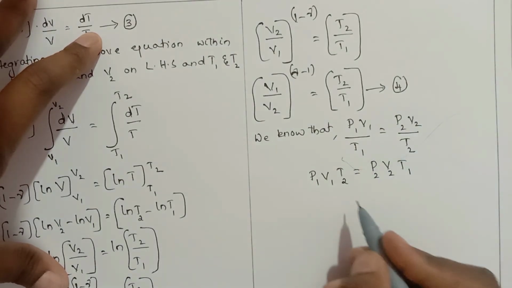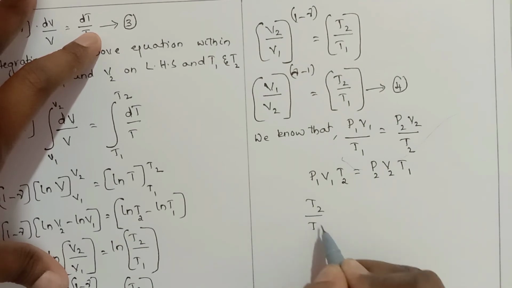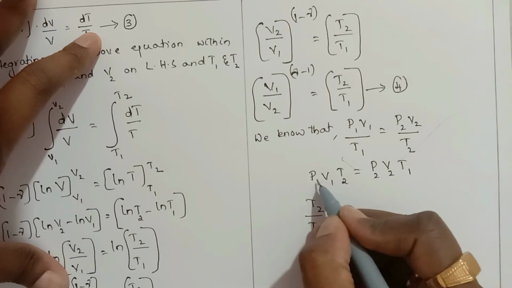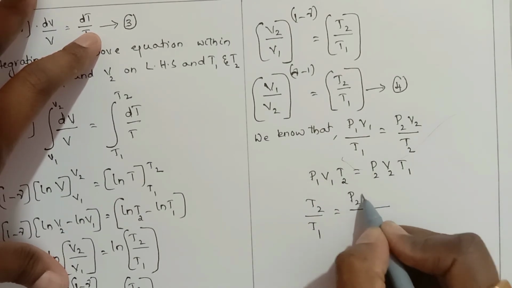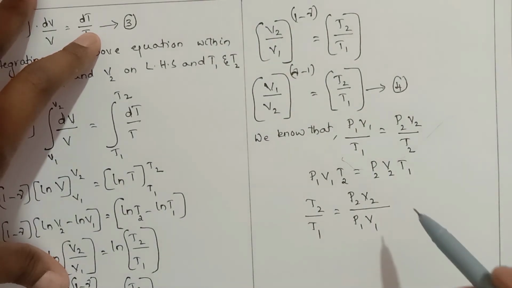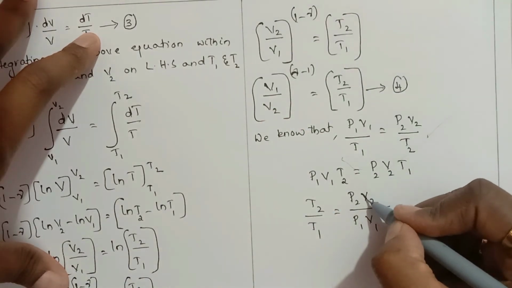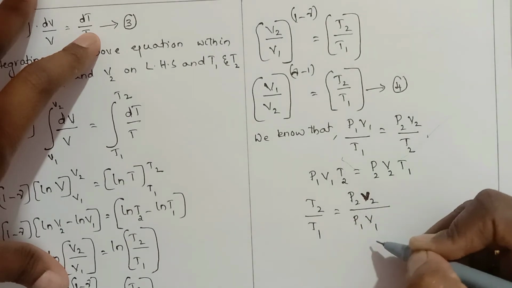Now, from this one, T2 by T1 is equal to, so P1 V1 goes to the denominator and P2 V2 goes to the numerator. So now we have T2 by T1 value as P2 V2 by P1 V1.